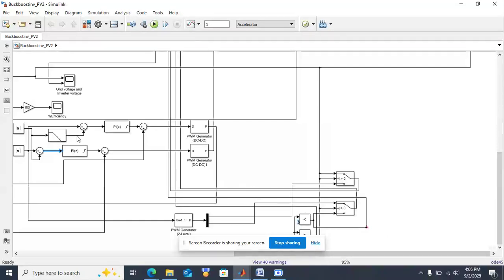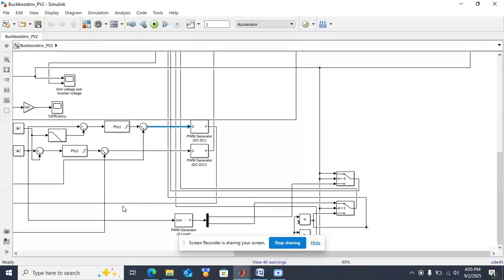With filter and without filter, with filter it is given to S1, without filter it is given to S2. S1 is for the PV power: when PV is available S1 will operate, and when PV is not available S2 will operate, that is for the battery.